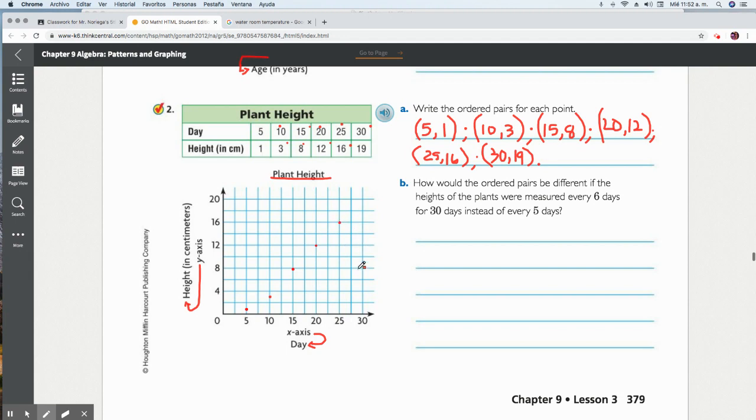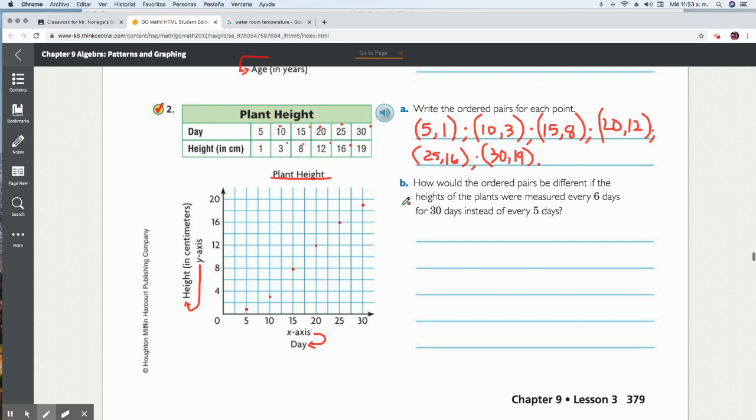Plot a point right there. The last one is 30 and 19, so 30 on the x-axis and 19, almost 20. So I'm going to plot it in the middle, right there. These points show a picture of how this plant was growing.